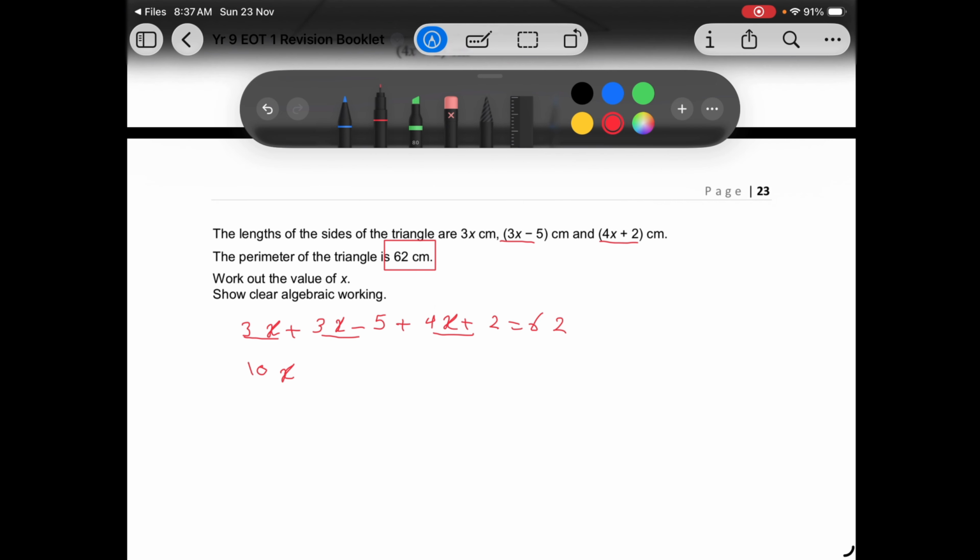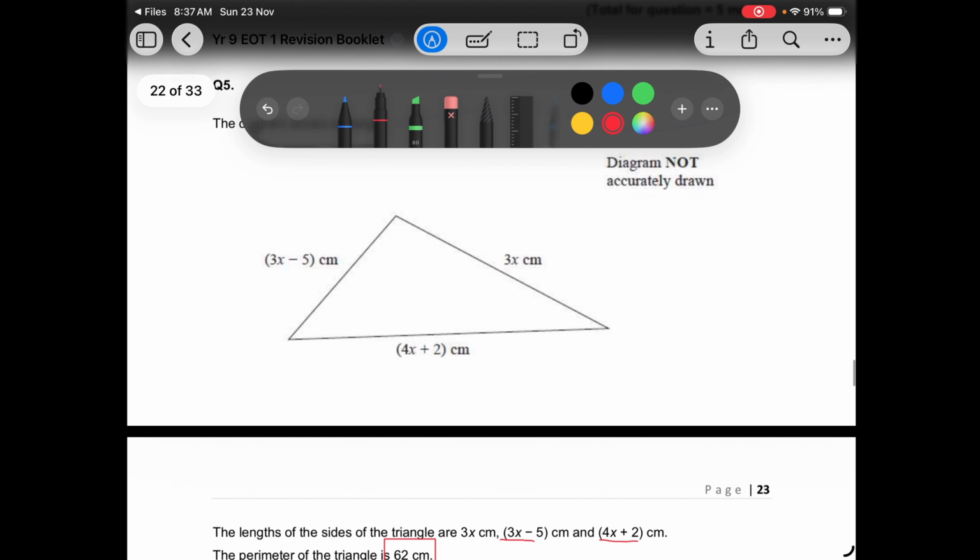Okay, so minus 3 equals 62. Let me double check.